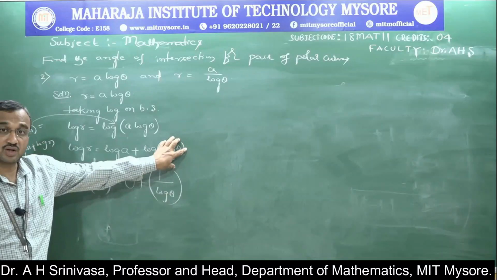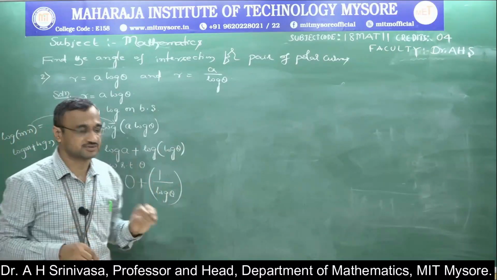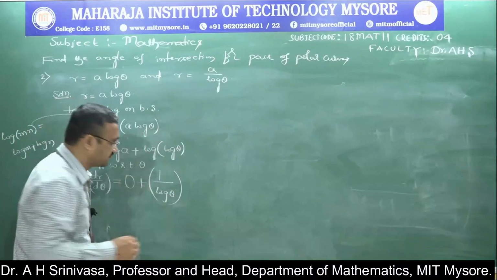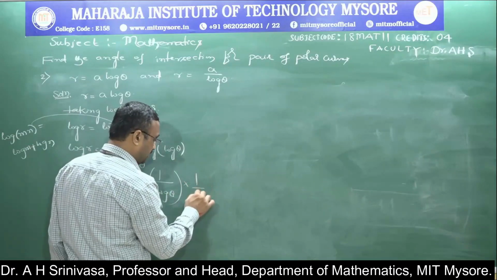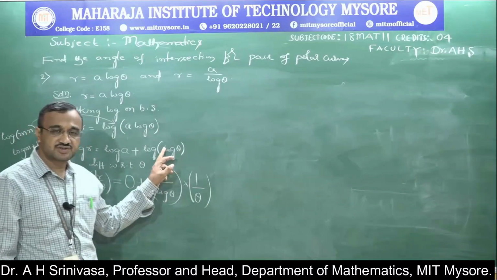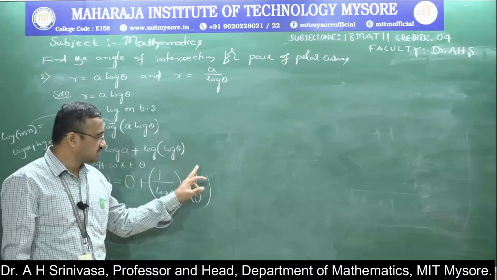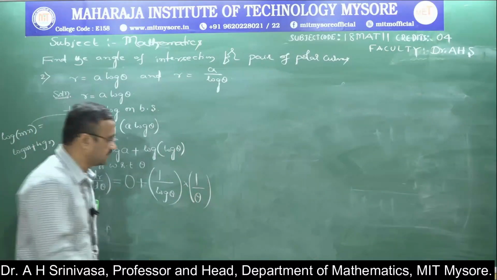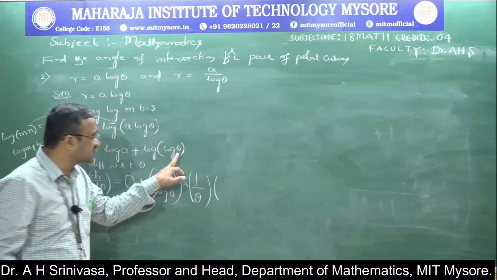This is a function, now I have to differentiate inside the function. The differentiation of log theta is 1 by theta. So carefully you have to remember here. Then into, so inside the function.